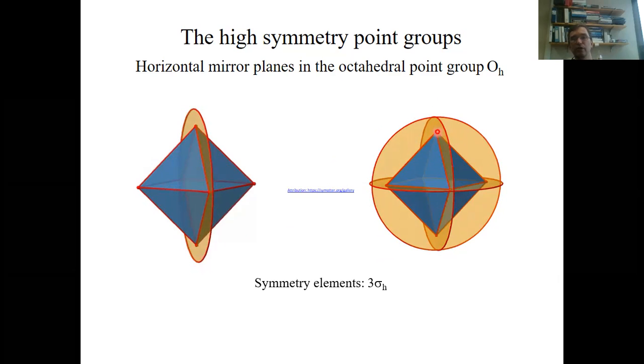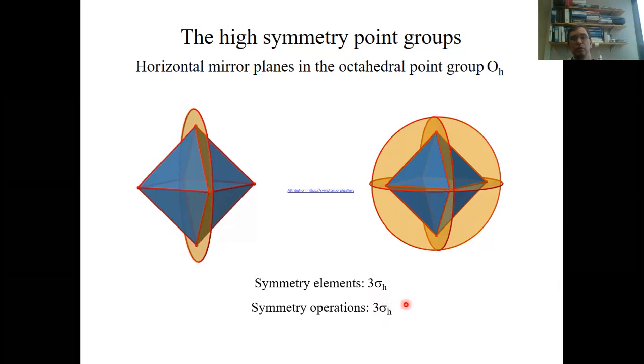This is the first one, this is the second one, and that one is the third one. Now how many symmetry operations are associated with this? For each mirror plane, no matter if it's a horizontal or vertical mirror plane, we have only 1 operation associated with the mirror plane. So we will have 3 sigma h operations.